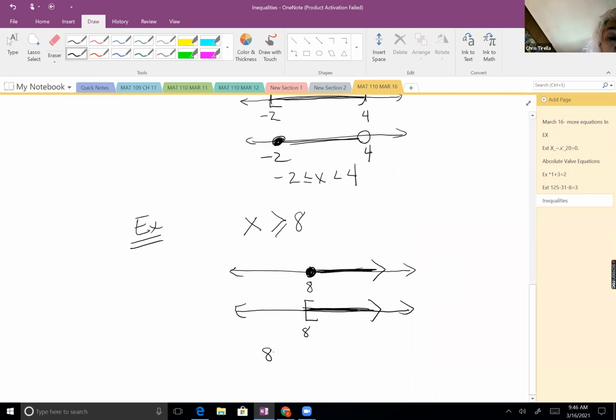The smallest value is 8, and it can equal 8. Remember we had said if there is no larger value, we put that symbol for infinity, saying that it's going to just keep on going on and on. And because infinity is a concept and not a value, we can't equal it. So if we have infinity, we'll always have that rounded parenthesis. Does everybody remember this interval notation?